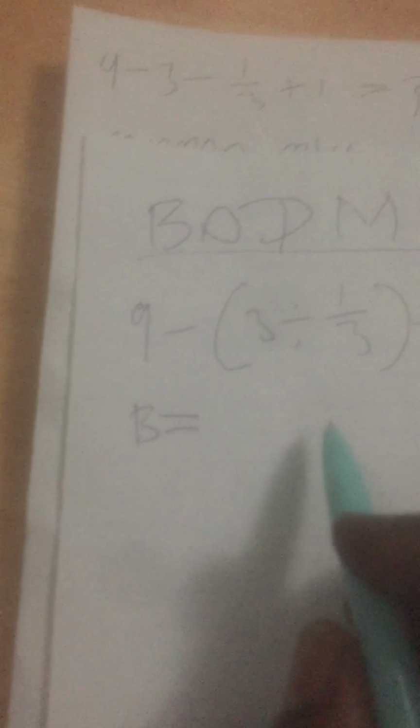Now, let's solve this bracket first. For the bracket, let's solve what's inside this bracket. We all know simple arithmetic. When you have a division, you reverse this upside down to change this division to multiplication.